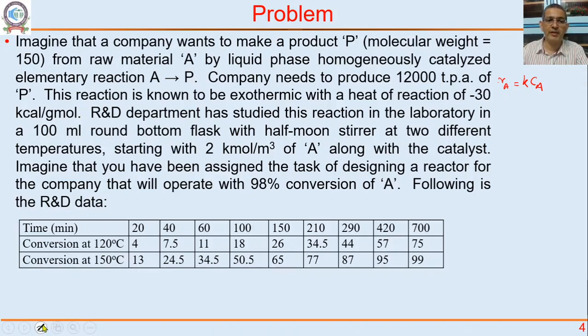You imagine that you are working in a company that wants to make 12,000 tons per annum, 98% conversion, initial concentration 2 kilomole per meter cube, heat of reaction 30 kilocalories per gram. This is the data. This is what a real life reactor is.